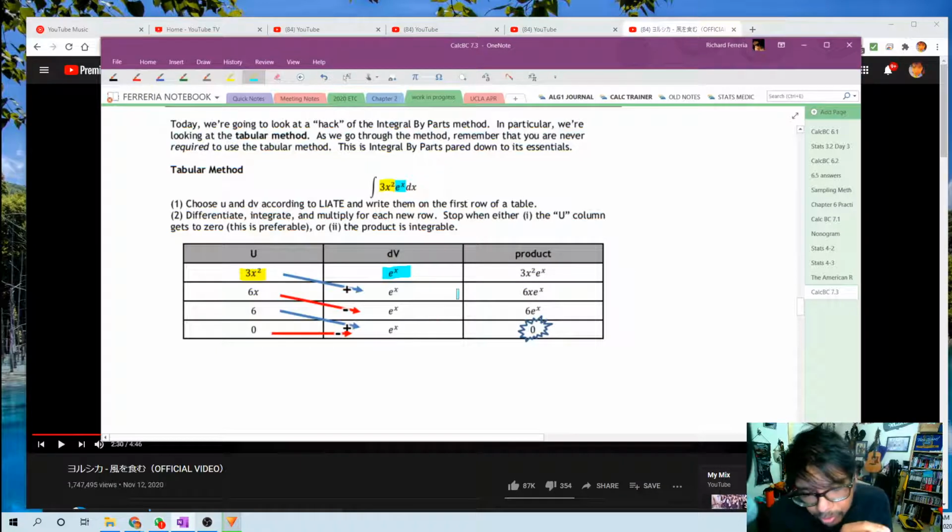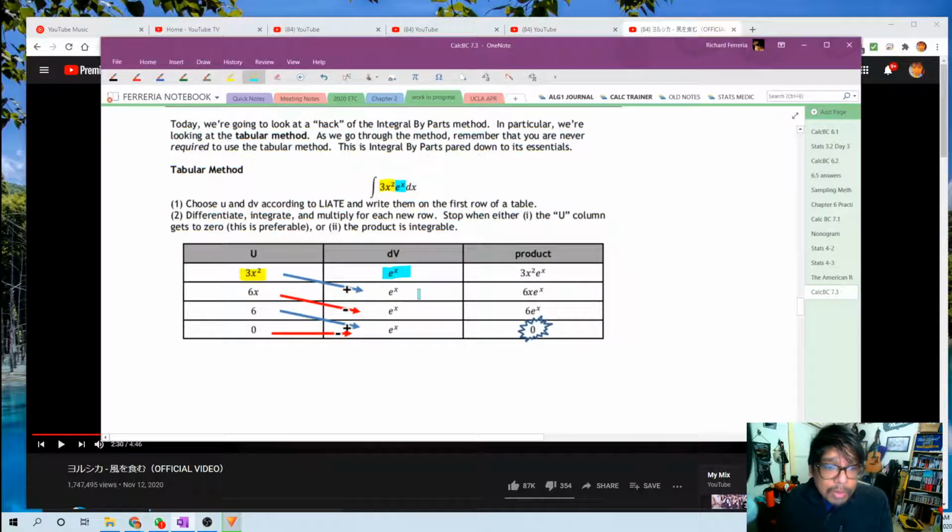Which brings me to the drawback of this method. You're going to have to do these antiderivatives really quickly and kind of in your head. So if you don't have a fluency with taking antiderivatives, then this method is almost useless to you.